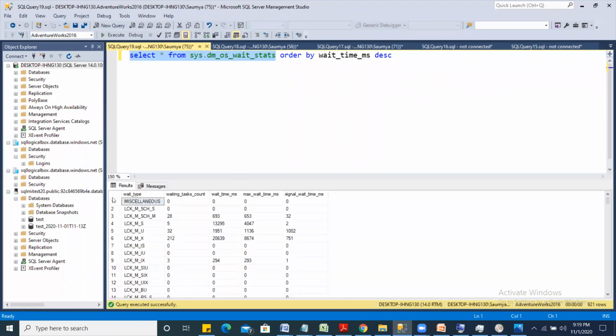So this gives me the information with these columns: wait_type, waiting_tasks_count, wait_time_ms, max_wait_time_ms, and signal_wait_time_ms, right? These are your waits, and the data that you see under the different columns are your stats.